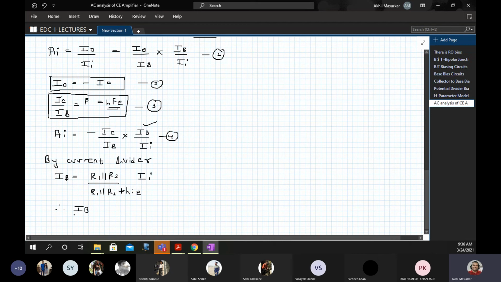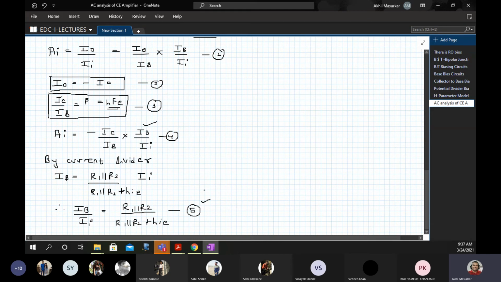Therefore, IB upon II is R1 parallel to R2 upon R1 parallel to R2 plus HIE. So this is equation number 5.